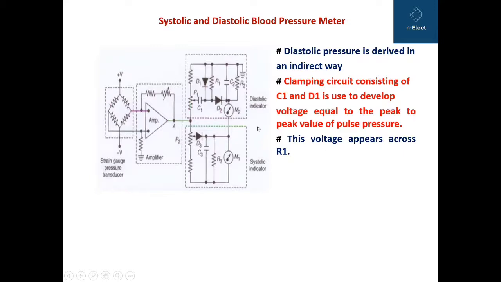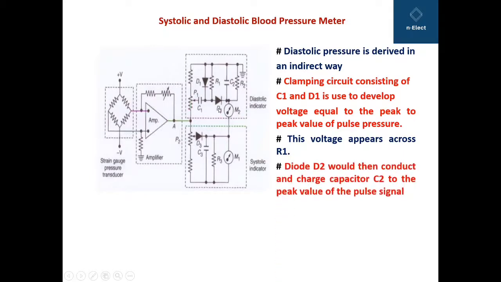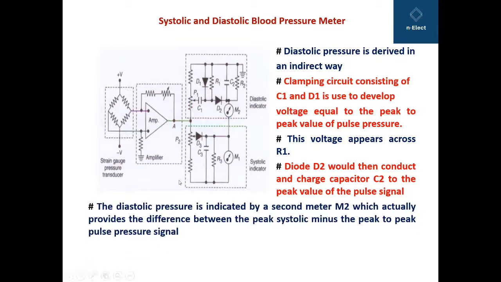This voltage appears across R1, because of which the diode D2 conducts and charges capacitor C2 to the peak value of the pulse signal. The diastolic pressure is indicated by a second meter M2, which provides the difference between the peak systolic and the peak to peak pulse pressure signal.